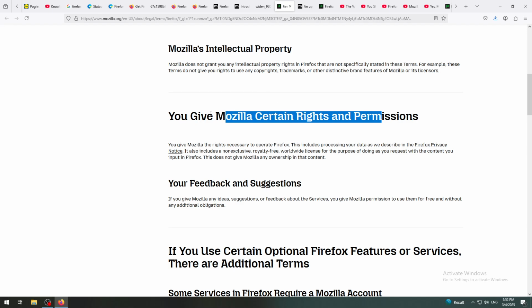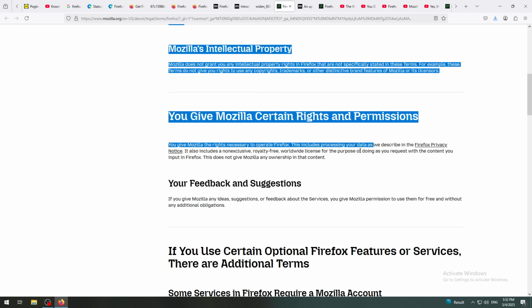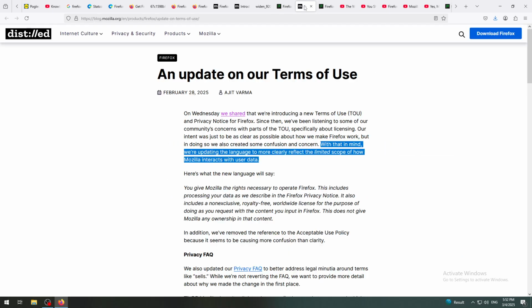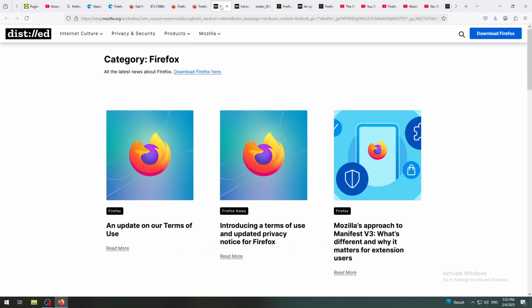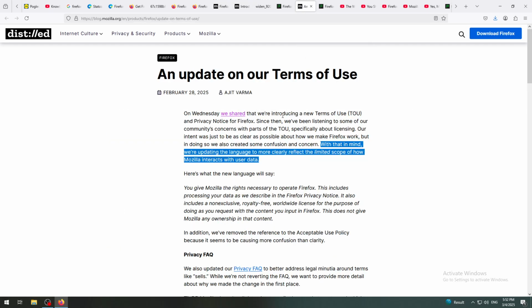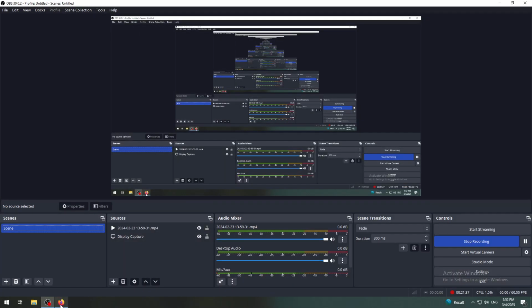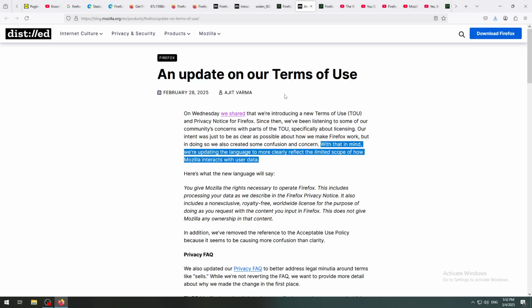But because people got angry, they created another blog post. On February 26th, they created the terms of use, but on February 28th, they created an update on the terms of use, and this is it. It's also funny, and I'm already talking too much, but yeah, 20 minutes, okay.